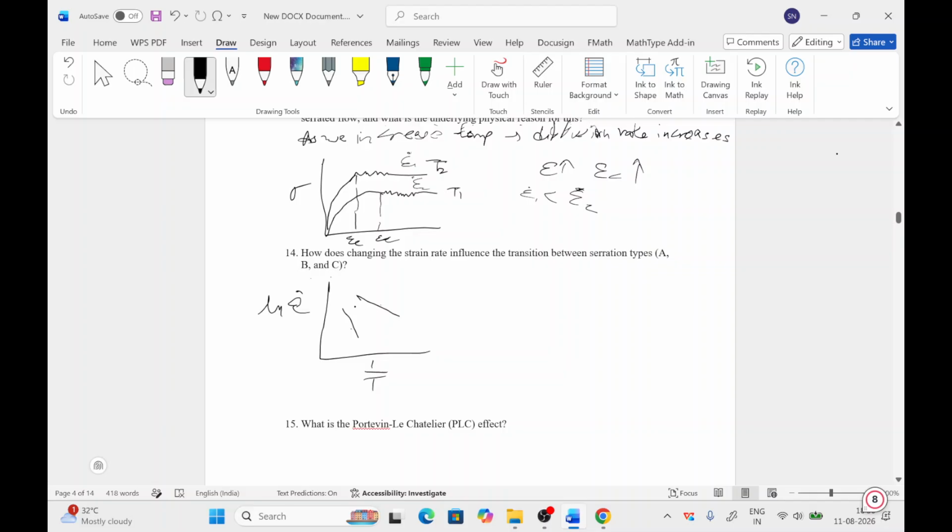Between these two lines, dynamic strain aging occurs. And above this there is no DSA, and below this also there is no DSA.